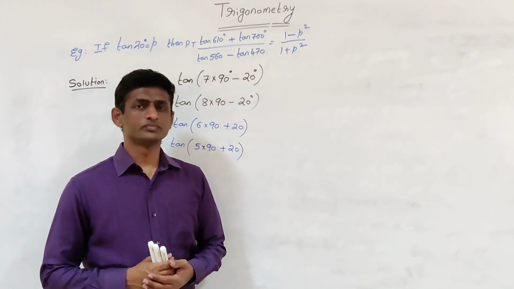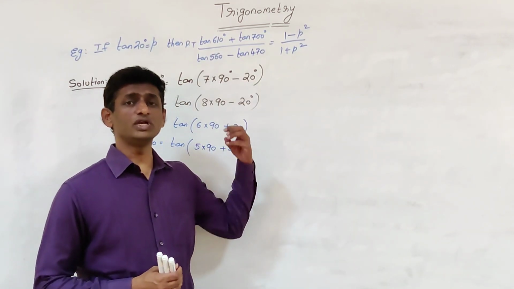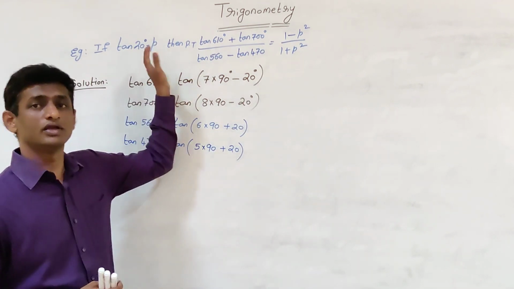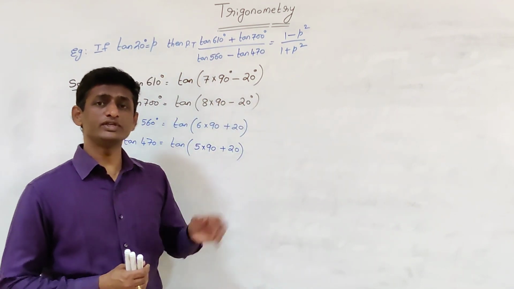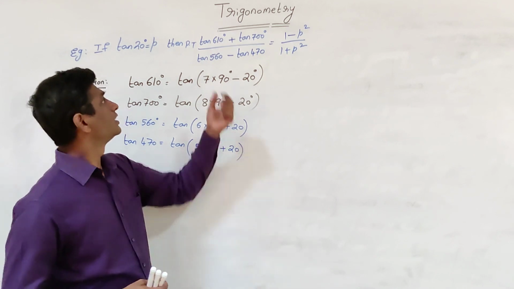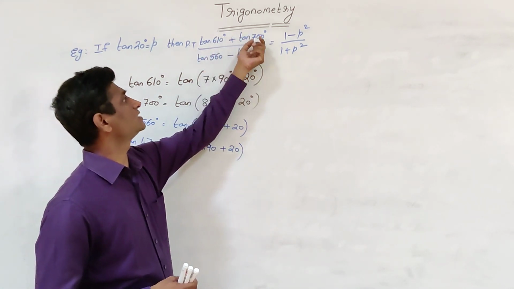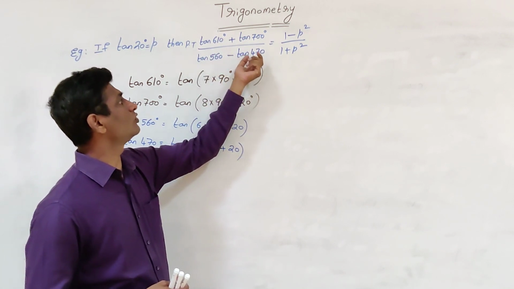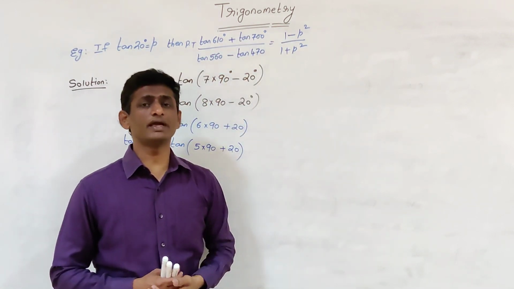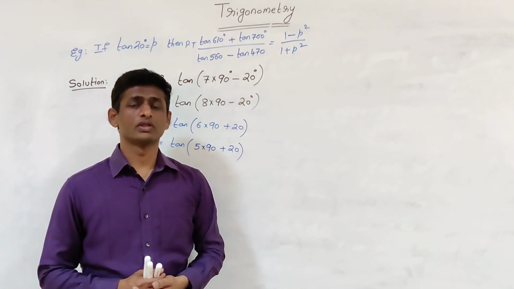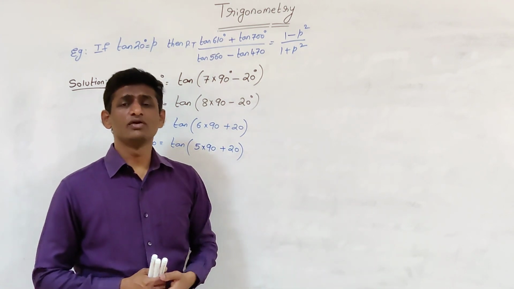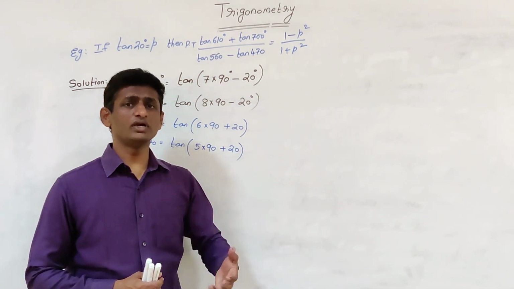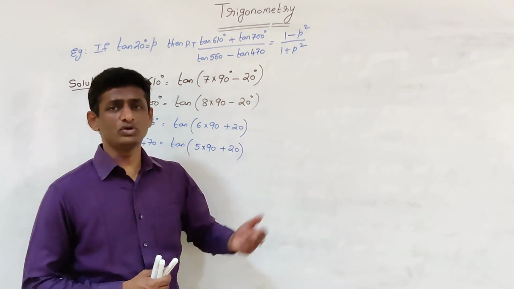Now we'll see the question. If tan 20 degrees is equal to P, then prove that (tan 610 degrees plus tan 700 degrees) divided by (tan 560 degrees minus tan 470 degrees) is equal to (1 minus P square) by (1 plus P square). Whatever angle is given, we have to convert that angle in terms of tan 20.